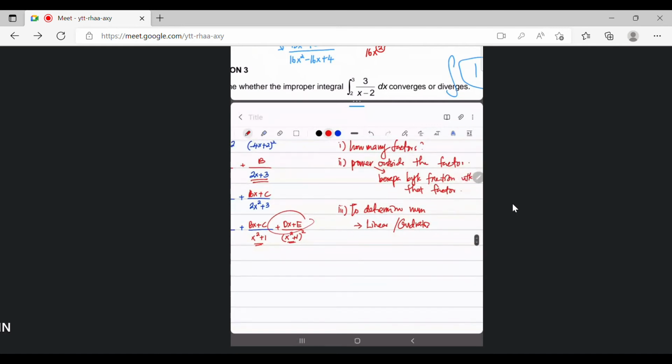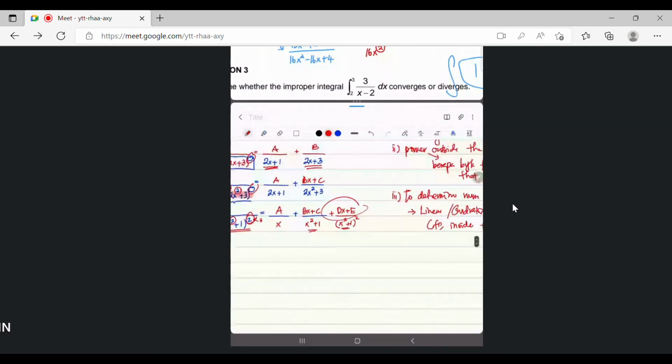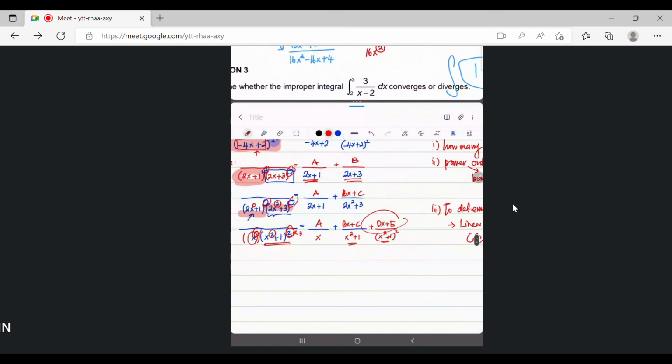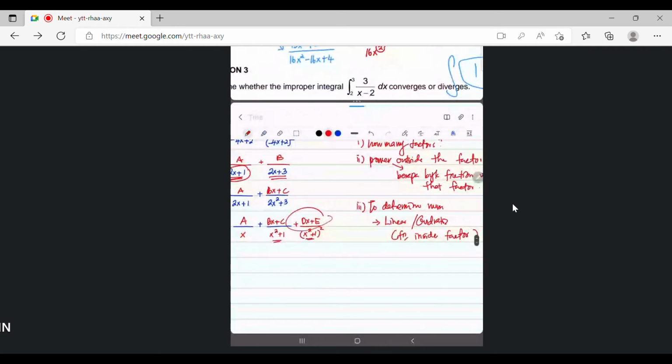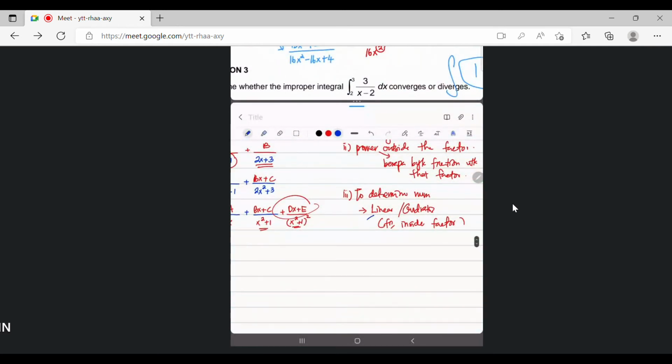Function inside factor, function yang ada di dalam factor, yang ini. Adakah linear ataupun quadratic? So, kalau linear, single A. Kalau quadratic, AX plus B. Okay, clear? PFD?